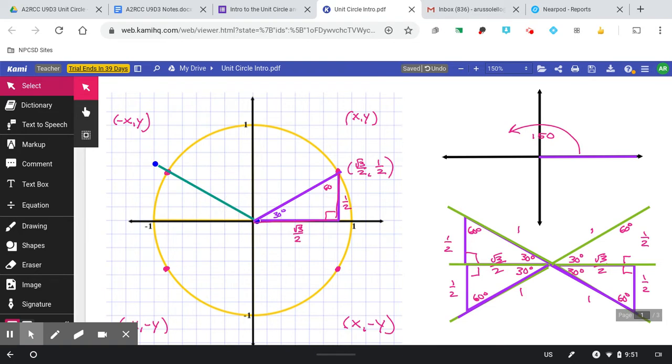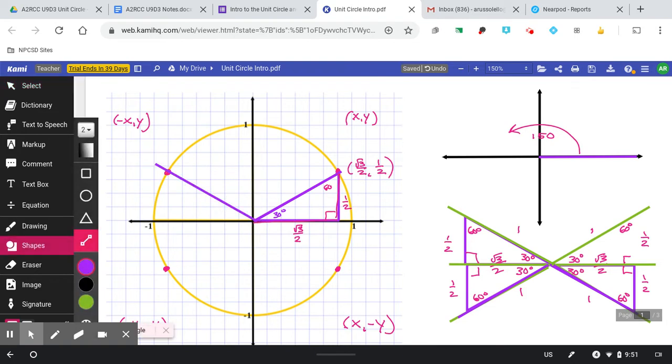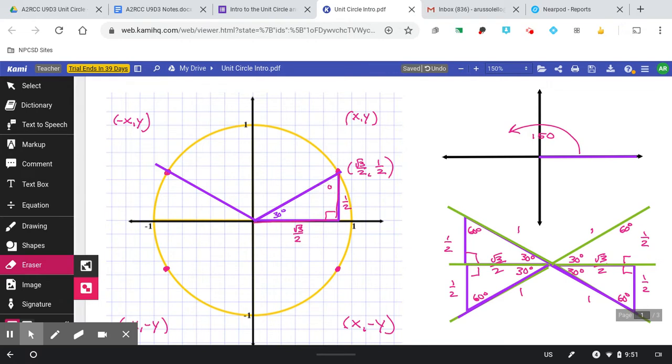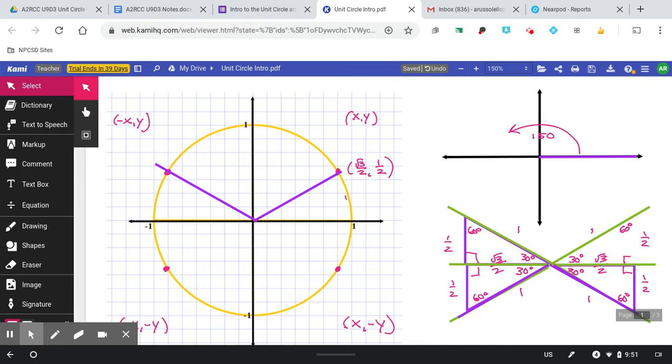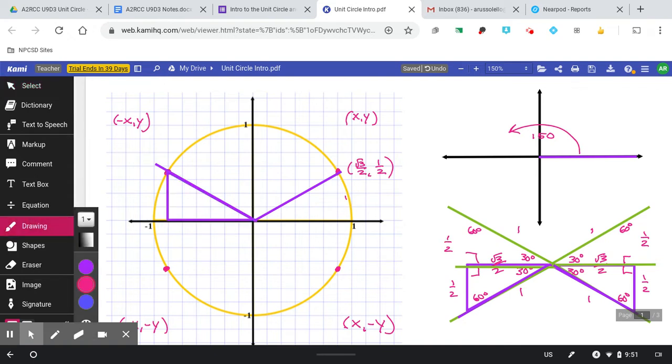We'll get rid of these other shapes over here because they're going to be in the way. We're going to take this triangle and bring it here. Remember, we're looking at 150 degrees, which means our reference angle is 30 degrees.